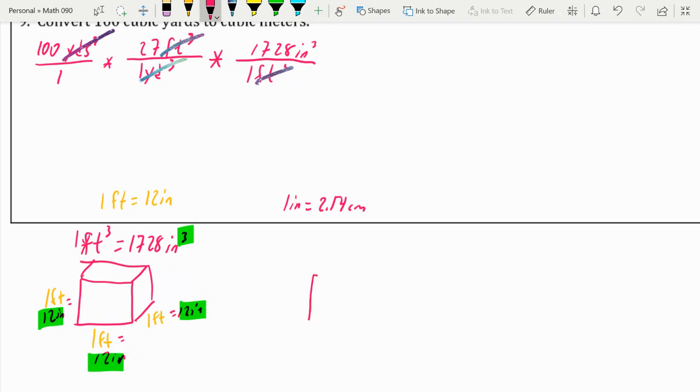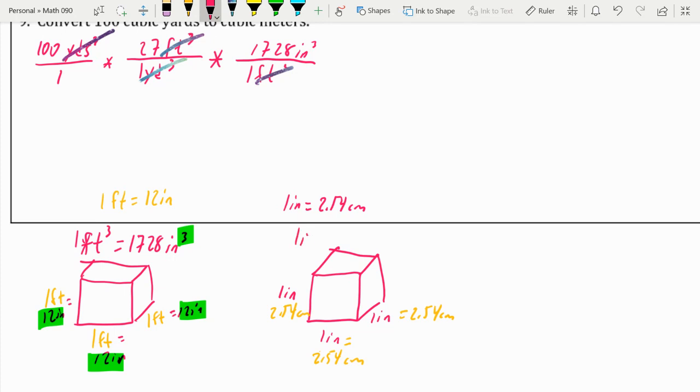Let's draw another box. Oh well, whatever. So then we end up with 1 inch, 1 inch, and 1 inch. And what do we know that was equal to? 2.54 centimeters. Sorry, I forgot the units. 2.54 centimeters, 2.54 centimeters.